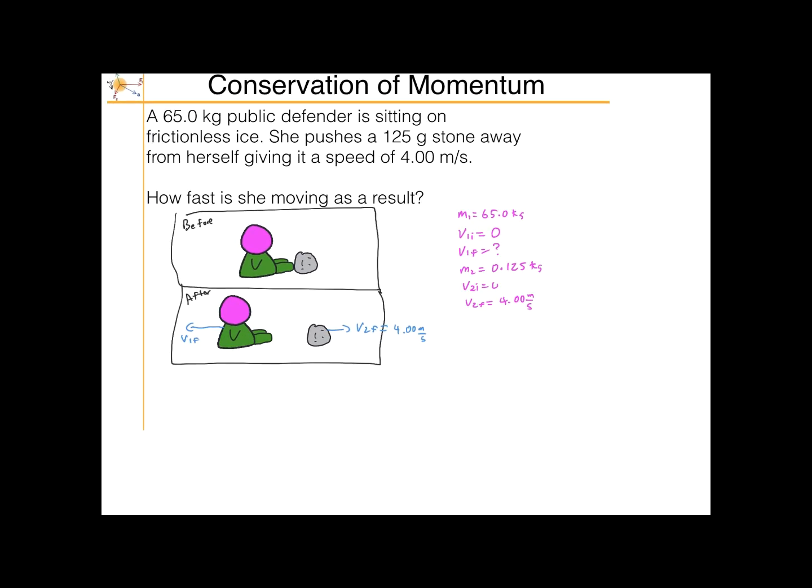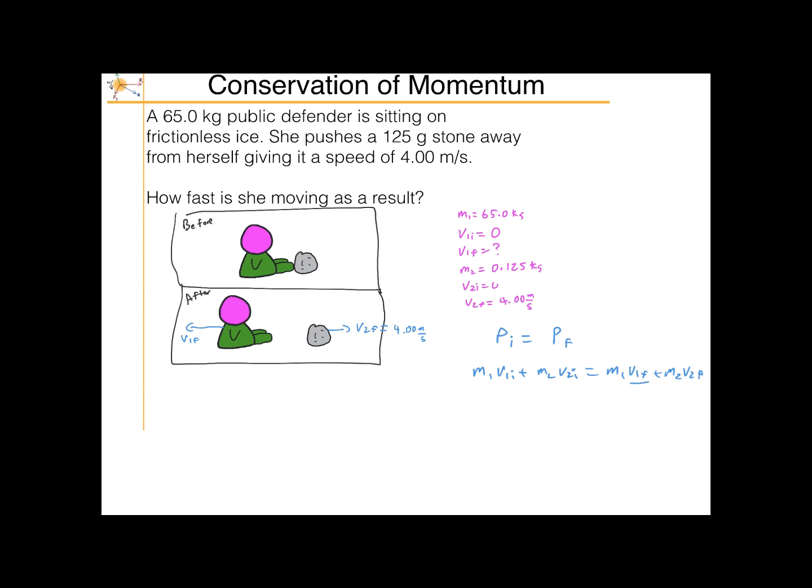We're just given enough information here to figure it all out. So we can just do P initial equals P final. M1 V1 initial plus M2 V2 initial equals M1 V1 final plus M2 V2 final, and we're trying to find V1 final.